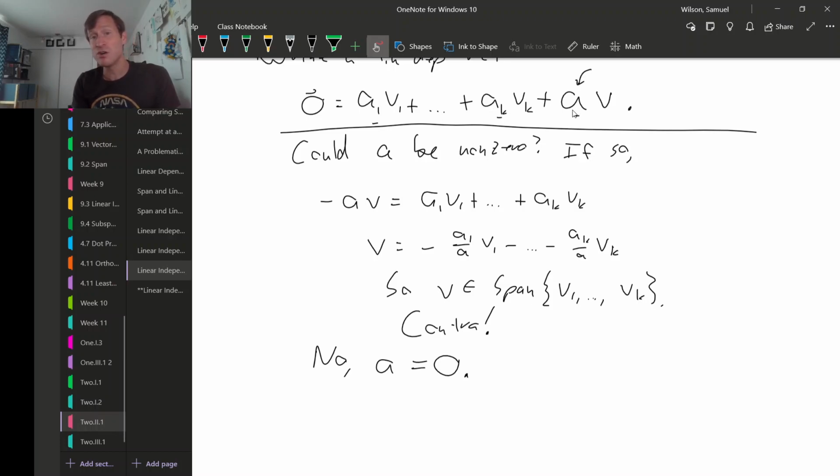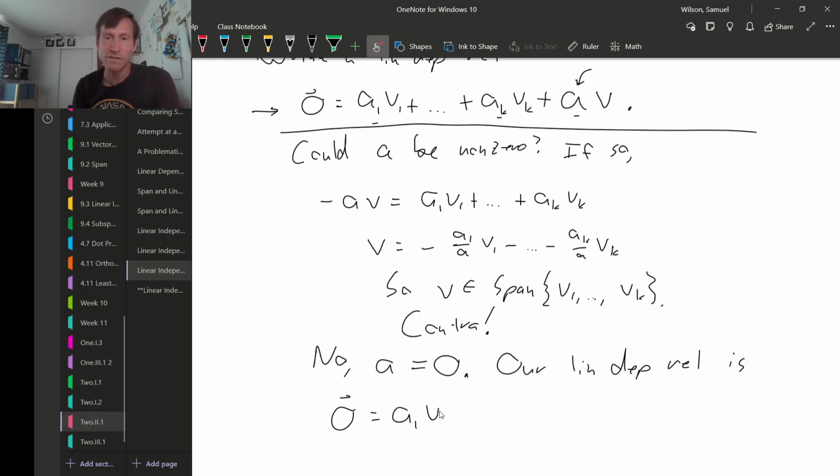So now that we know this coefficient is 0, we can actually rewrite this linear dependence relationship. So our linear dependence relationship becomes 0 equals a1 v1 plus dot dot dot plus ak vk. And now I don't need to write the term for v because the coefficient on that term we now know is 0.